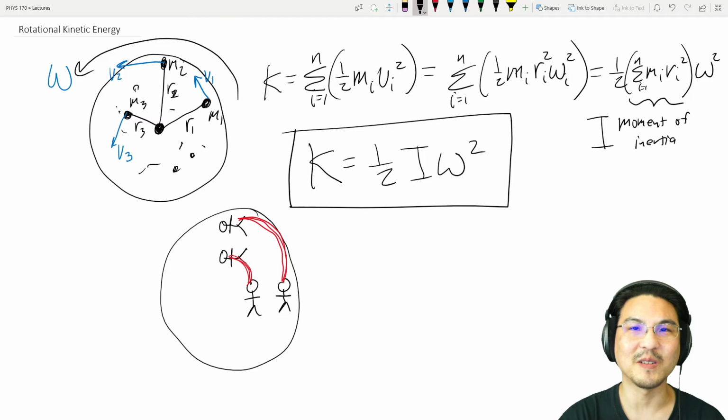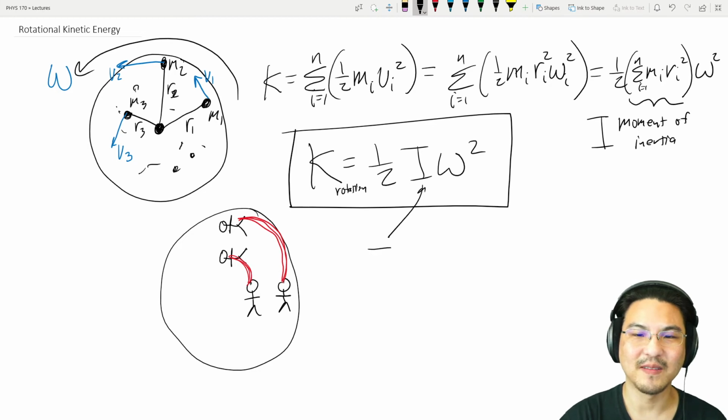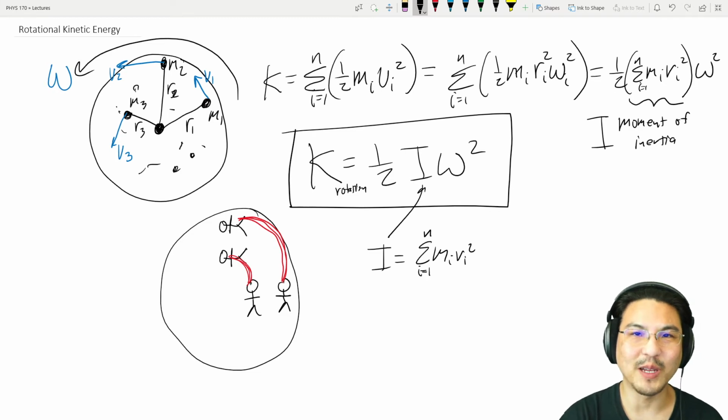So this is rotational kinetic energy. And the moment of inertia is the sum of m r squared, that's if you have n discrete masses. We can kind of calculus this thing. So instead of point masses, imagine an infinitesimally small discrete mass, dm.